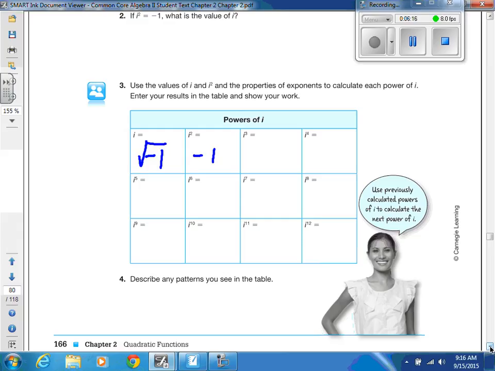i cubed. Okay, i cubed is like i to the first power times i squared. What's i to the first power times i squared? What's i squared?